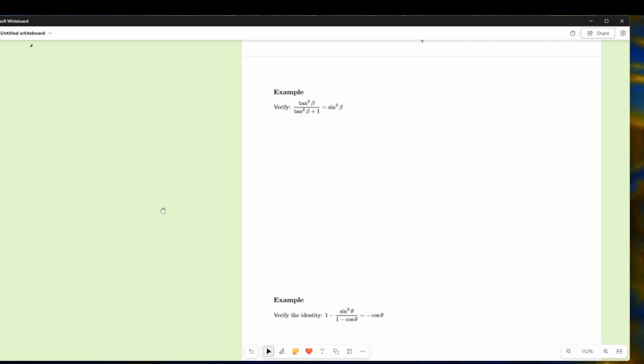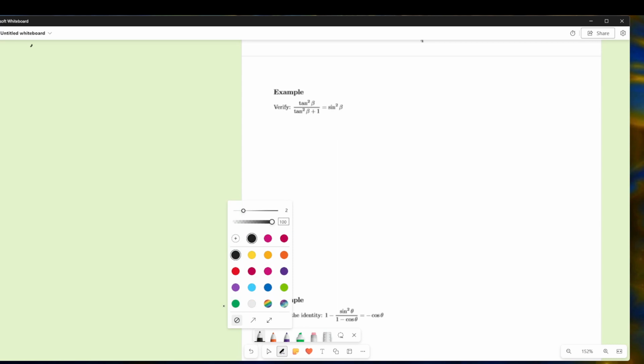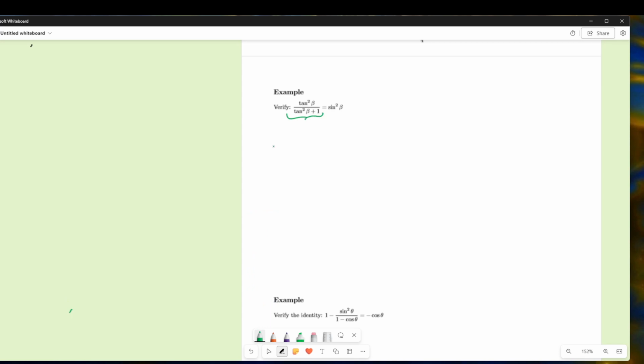Well, certainly clear which side to start on this one. Again, we're always trying to start on the more complicated side. So certainly going to start over here and see what happens. I really don't like this kind of plus 1 down here. I don't like the multiple terms in my denominator. But the fact that that 1 is linked with a tangent squared should make us think again about our Pythagorean identities.